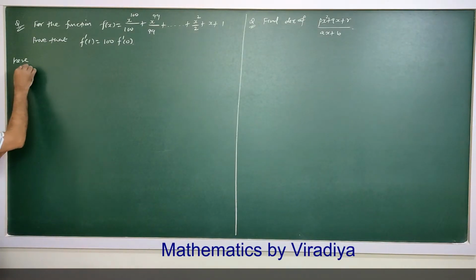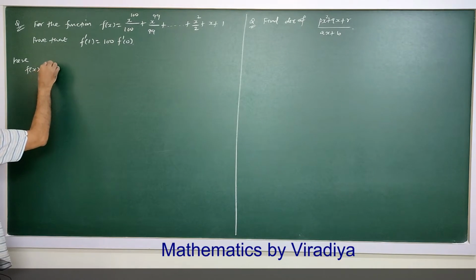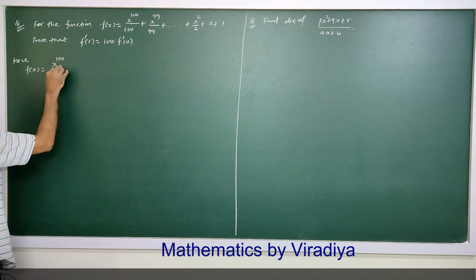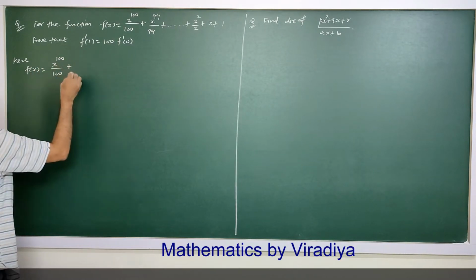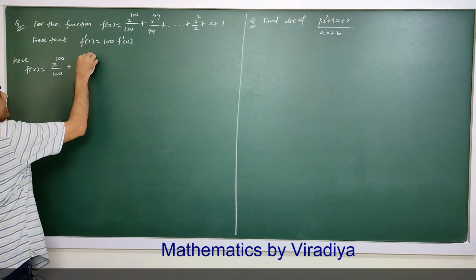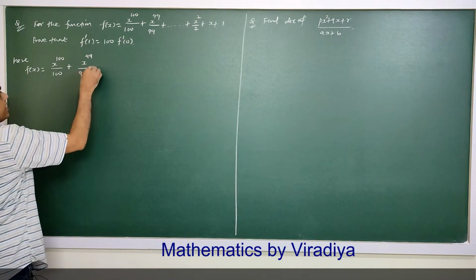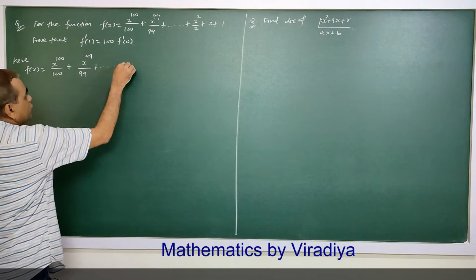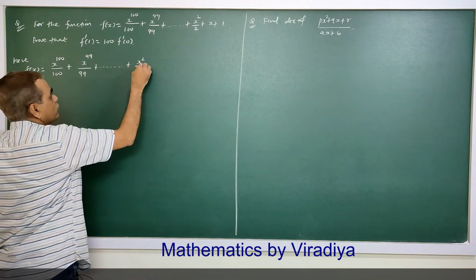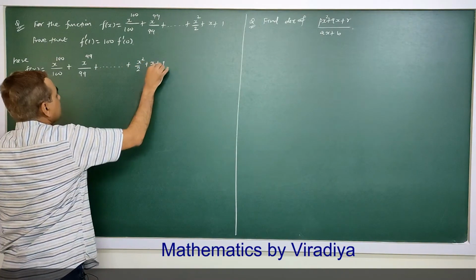Here f(x) is x raised to 100 upon 100 plus x raised to 99 upon 99 plus up to x square by 2 plus x plus 1.